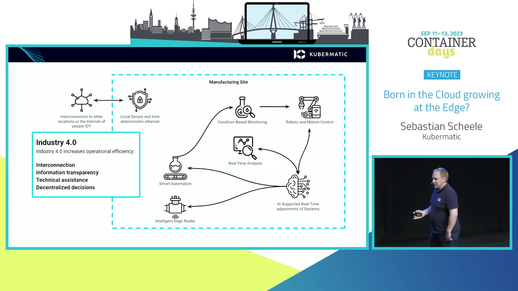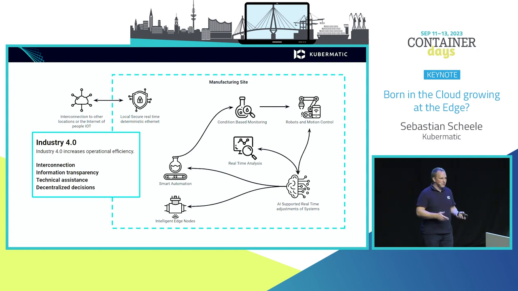So let's look into a use case with Industrial 4.0. If we think about, for example, an automotive company producing cars, on the one side, you're generating more and more data in real time. You have your robotics, you have intelligent systems to build these cars, and you become more and more dependent on your IT infrastructure there.